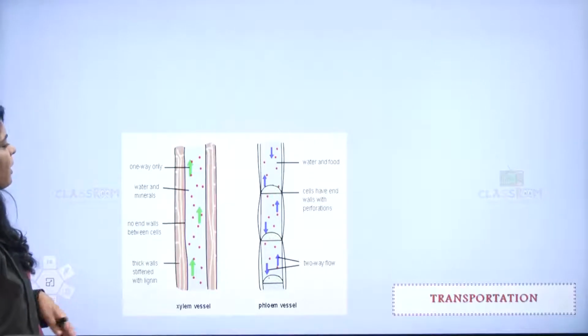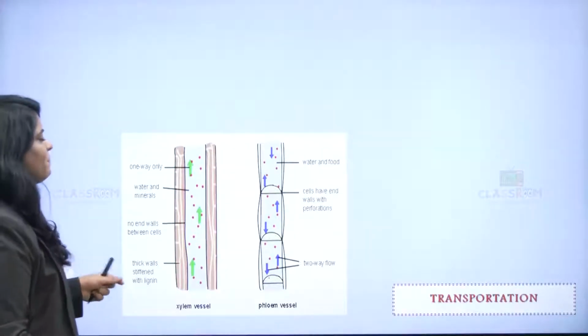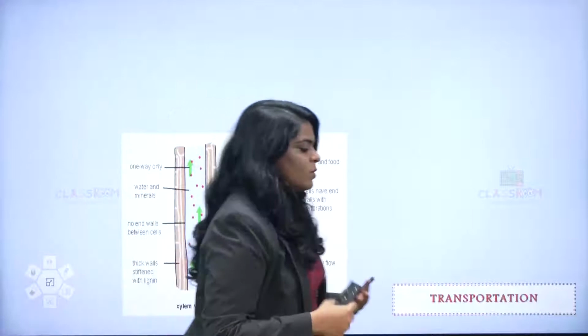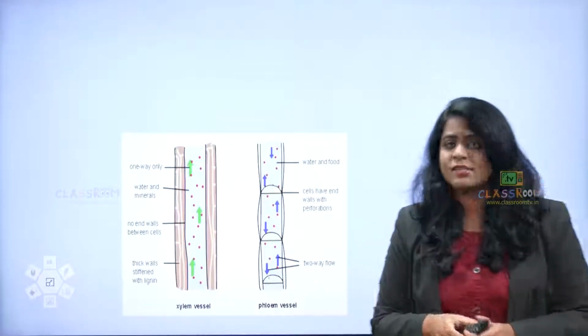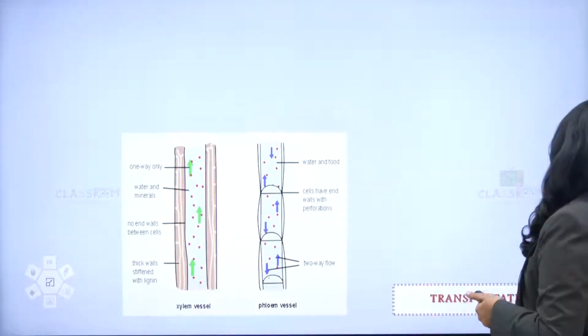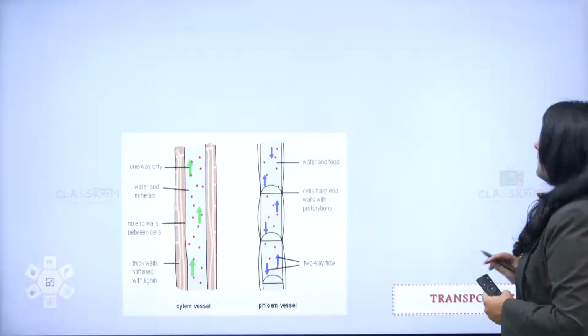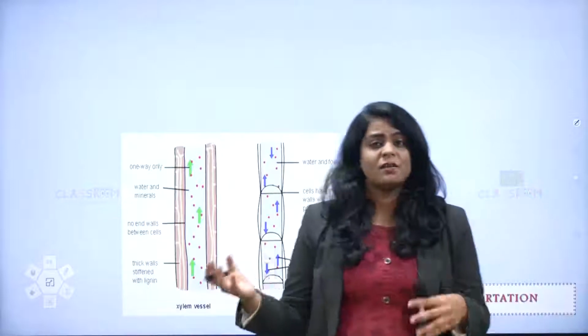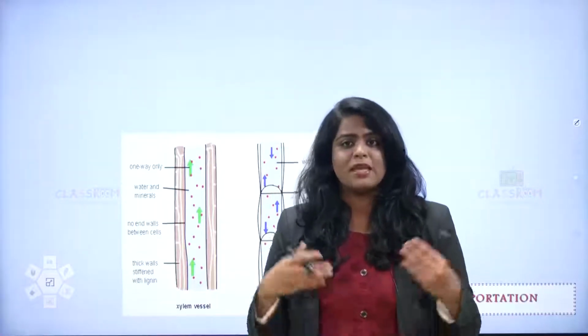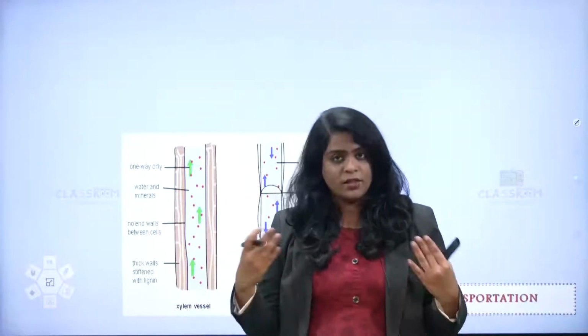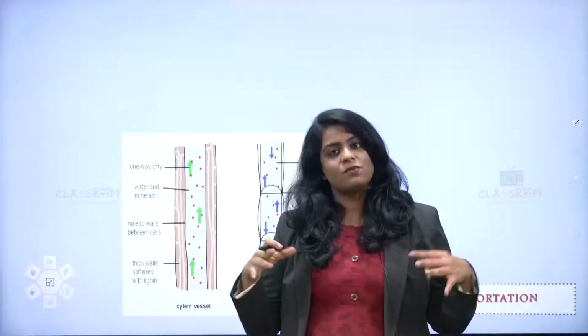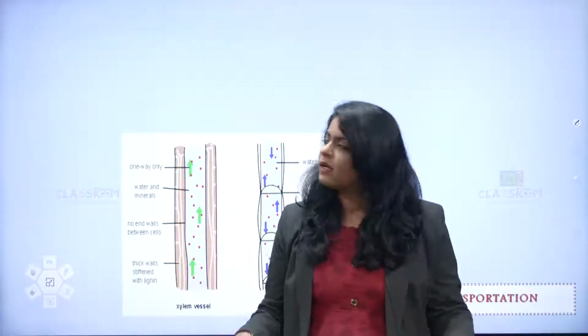Now we will talk about how transportation is done in the plants. So how is the transportation done in the plants? I have told you about cellular level how transportation is done, but in plants they have an interesting mechanism. They have a different mechanism for transportation of water, and a different mechanism for transportation of food.